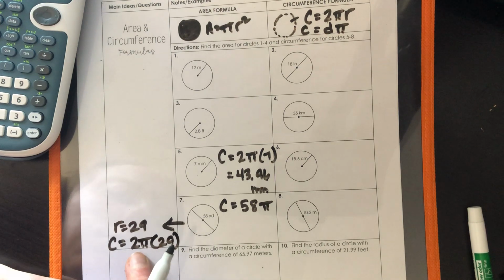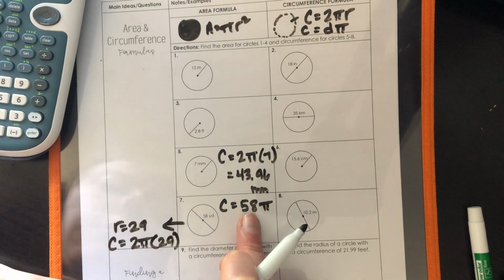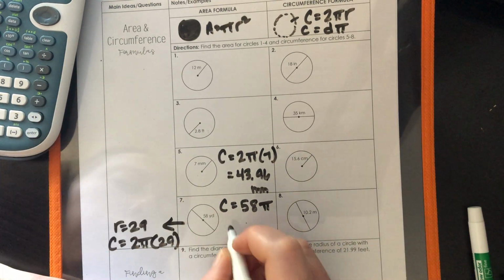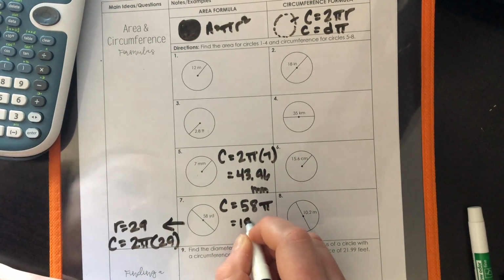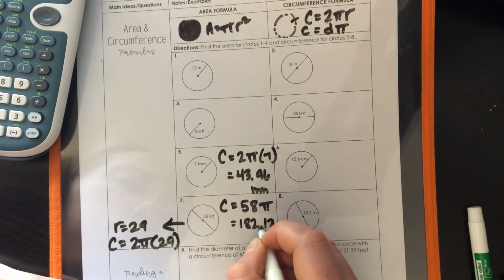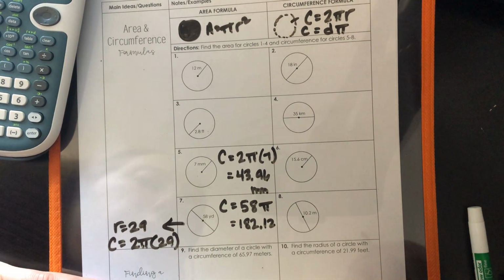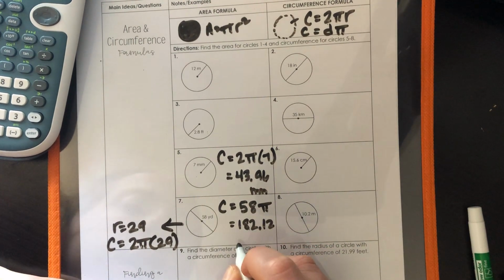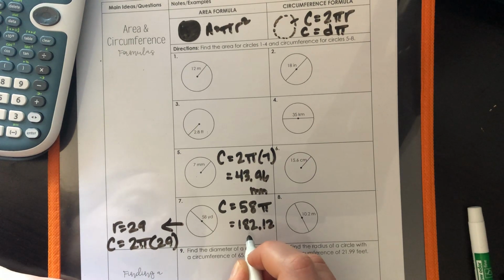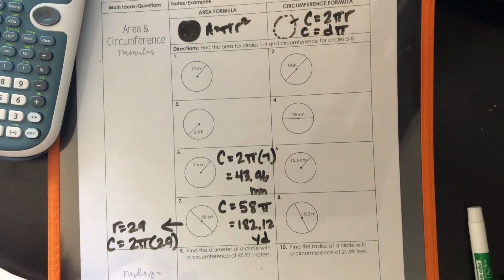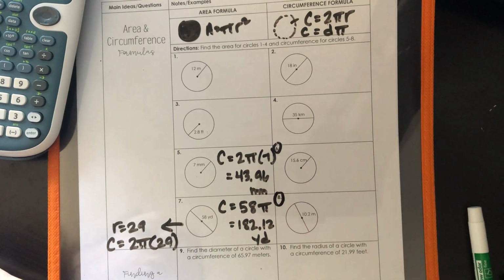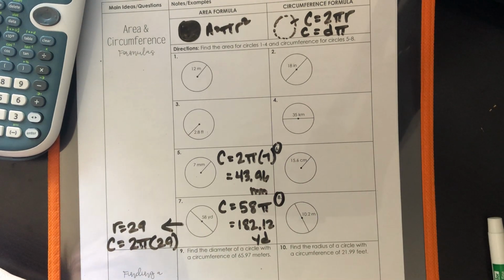But notice 29 times 2 gets you still back to 58. So if I put that in my calculator, 58 times 3.14, we get 182.12. It doesn't specify how to round, so if you want to stick with the tenths place, hundredths place, that is fine. And it is 1-dimensional because it's a length using a ruler, so it'd be yards. Okay, so I want you to pause this video and then try 6 and 8 on your own.